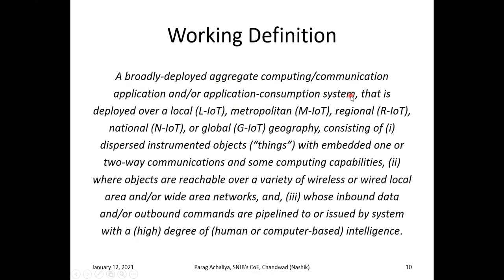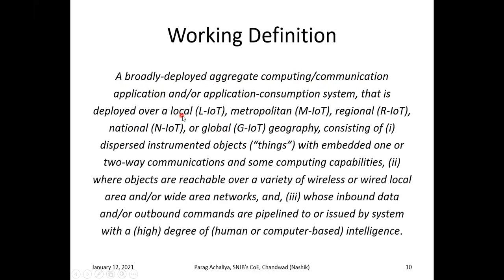Let us break this definition into different parts. The first part says that it is a computing or communication application. IoT is your computing or communication application or application consumption system that is deployed over, where? Over a local network, metropolitan network, regional network, national network, or global network.